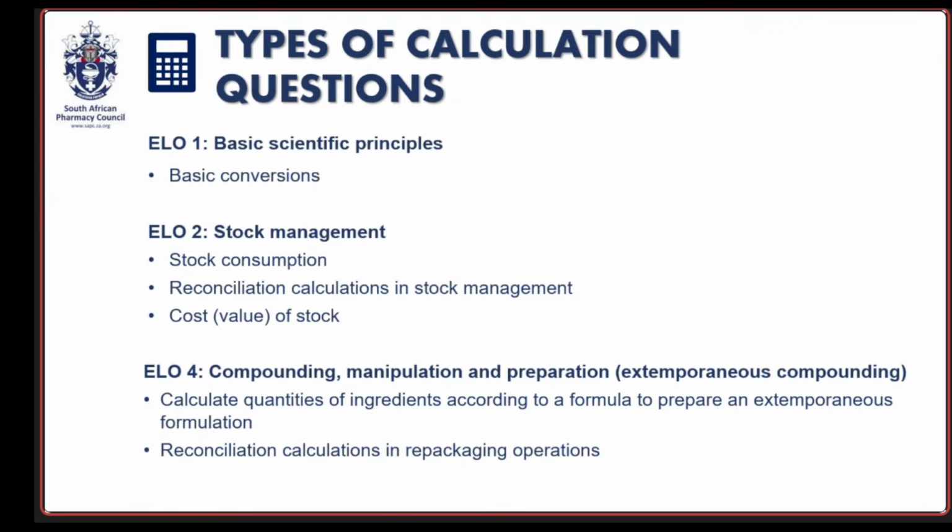And then ELO 4, we cover compounding, manipulation, and preparation. And this is relating to extemporaneous compounding. And you'll see that this covers the biggest part of the calculation questions. So the type of questions we will be asking you are relating to calculate quantities of ingredients according to a formula, to prepare an extemporaneous preparation, to prepare an extemporaneous formulation, and reconciliation calculations in repackaging operations.